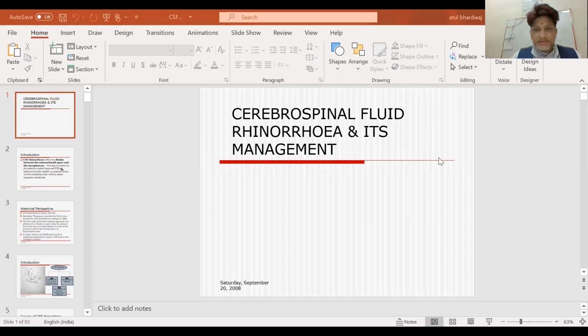CSF rhinorrhea is also called CSF leak, and in the previous class, we discussed some etiological factors which are responsible for a CSF leak, or the presence of CSF from the subarachnoid space in the nasal cavity. There are a variety of routes involved in the process of the leak. And in the previous class, we have discussed that.